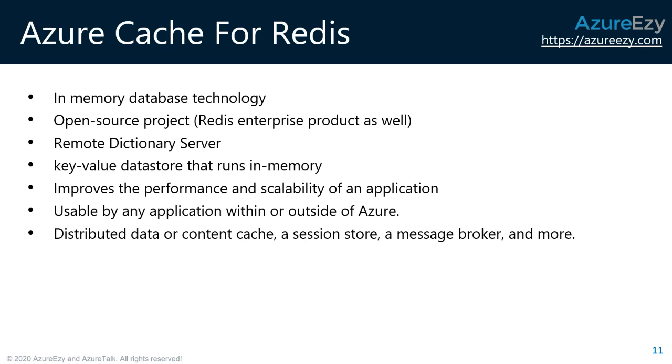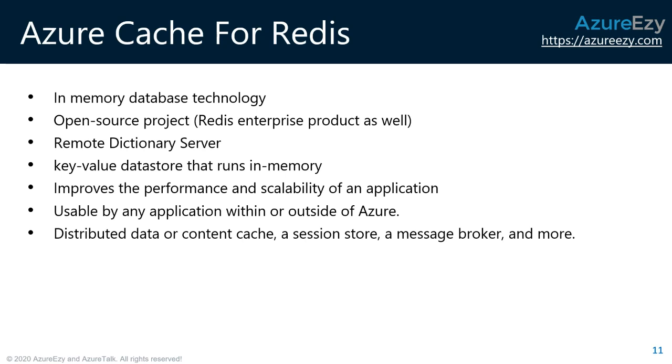You can use it for your distributed data, for content cache if you have to cache any content. Some applications require session persistence, so you can use it for session store. You can use it for message broker. So there are several requirements for which you can use Azure Cache for Redis.